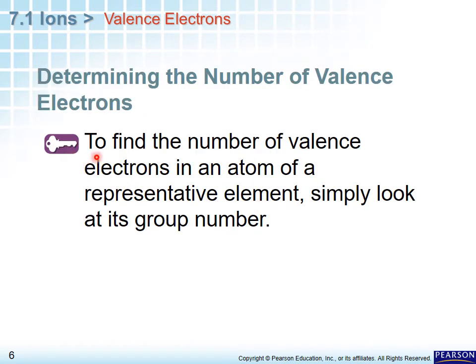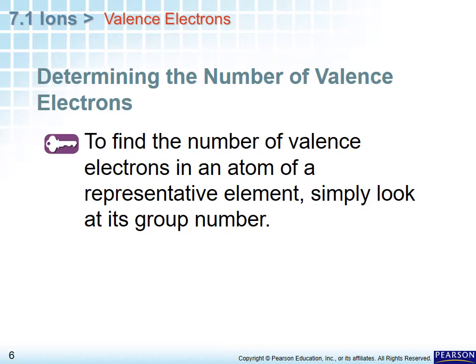The answer is, to find the number of valence electrons in an atom of a representative element, simply look at its group number. Open your periodic table please. You can see 1A, 2A, 3A, 4A, 5A, 6A, 7A, 8A.